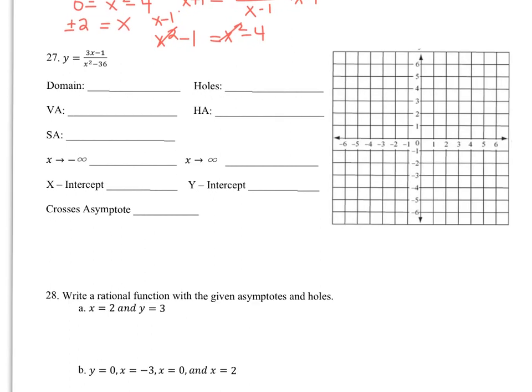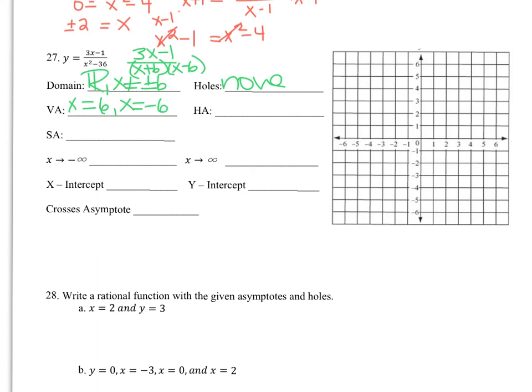Factor the bottom, x plus 6, x minus 6. So my domain is all real numbers except x cannot equal plus or minus 6. I have no holes. My vertical asymptotes are x equals 6, x equals -6.